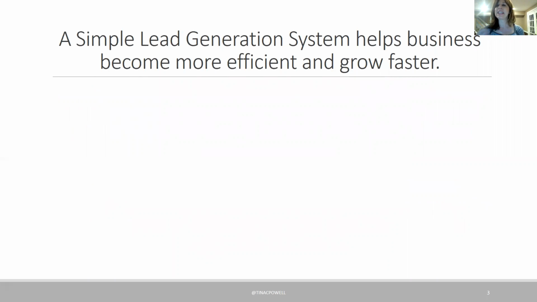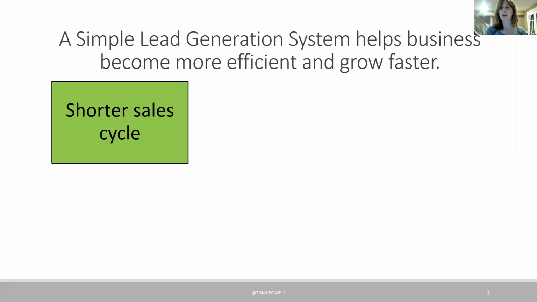So a simple lead generation system at its very core makes businesses more efficient and helps them grow faster. I talked about the fact that if you have a lead generation system working while you're not, that, number one, creates efficiencies. Number two, it also creates a shorter sales cycle.